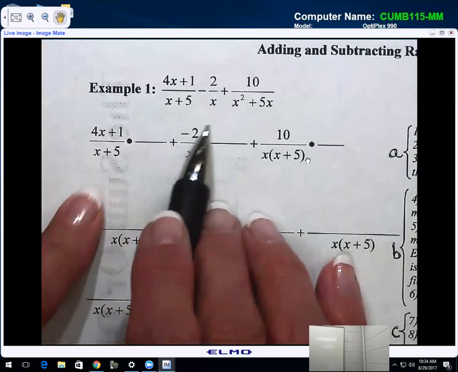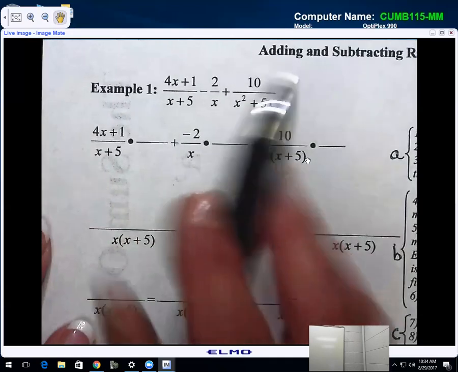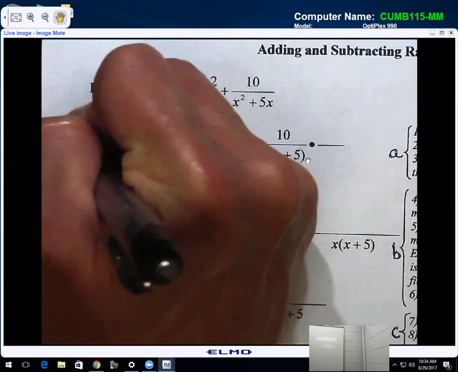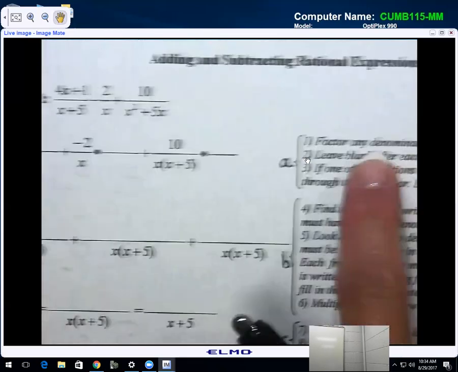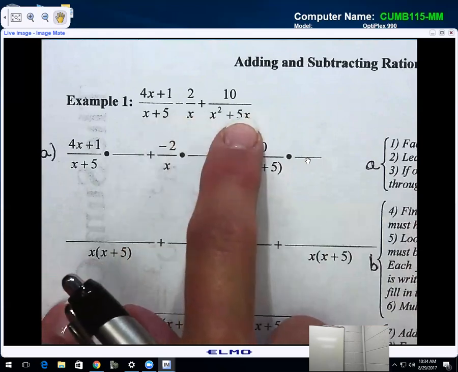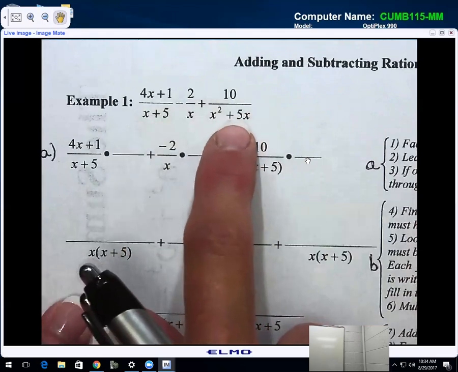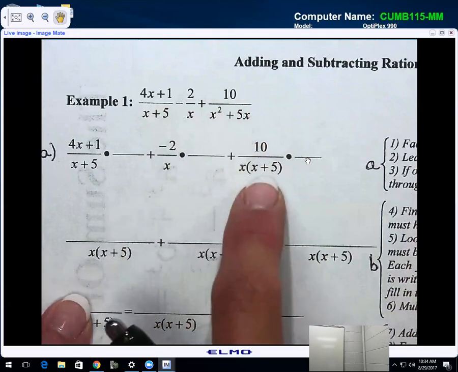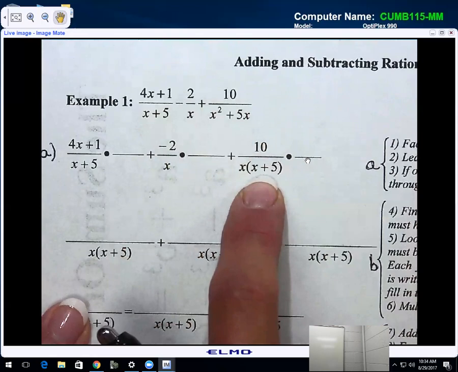Here's the original problem. Step A, right here, says factor any denominator that will factor. I'll look at my original denominators. The only one that would factor is that x squared plus 5x. I can factor out an x. So I factored the only denominator that would factor.